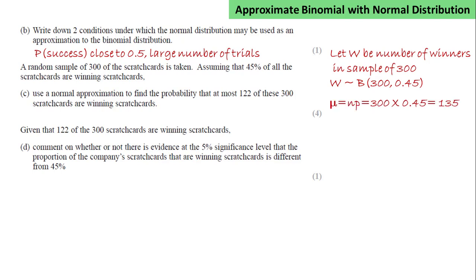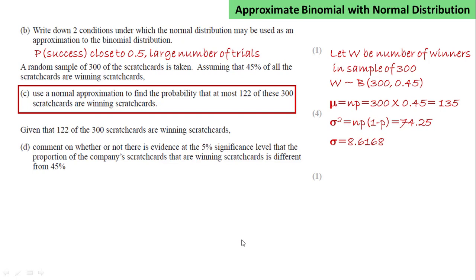And we can calculate the mean of that distribution. It's going to be n times p, 300 times 0.45. This is in your formula booklet. So sigma squared equals np times 1 minus p equals 74.25. So the standard deviation will be 8.6168.